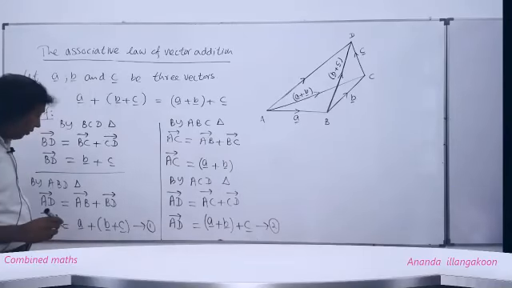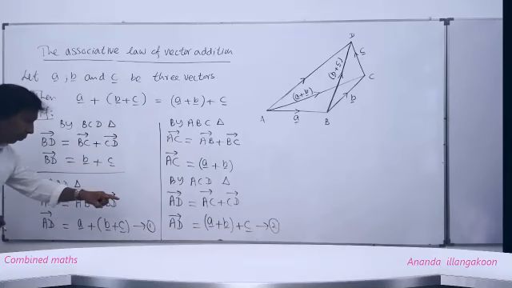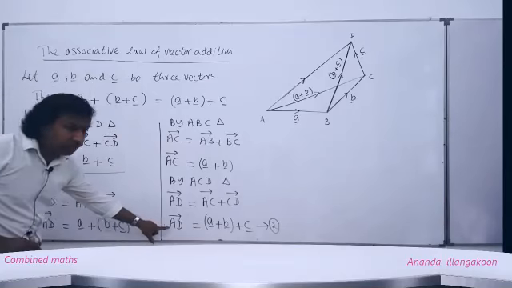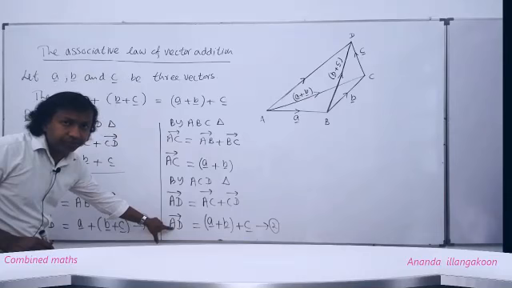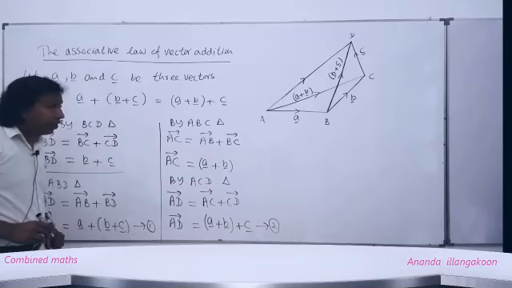Now, people, in this number 1 and number 2, on the left hand side we have the same AD vector. So therefore the right hand side must be equal.